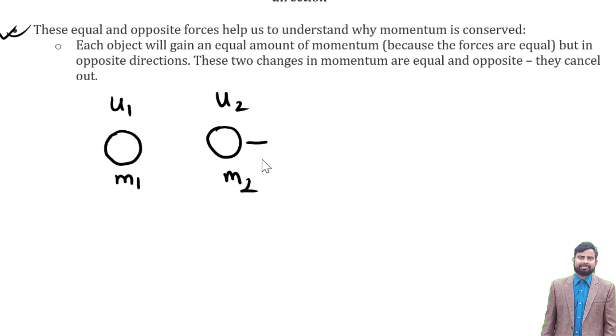Both move in the right direction, with u1 greater than u2. They move in the same direction in a linear way. So this is before collision.